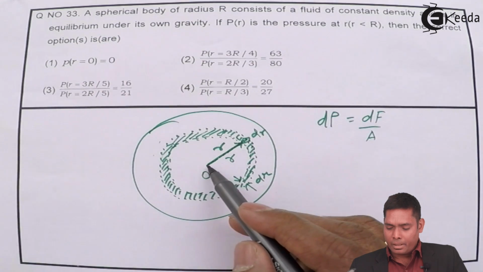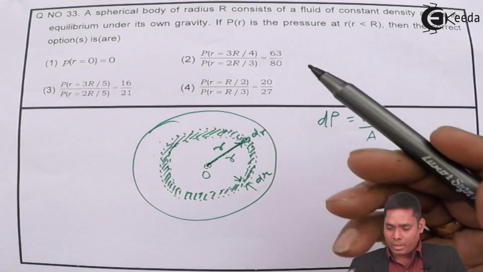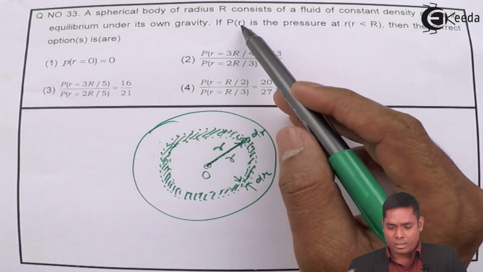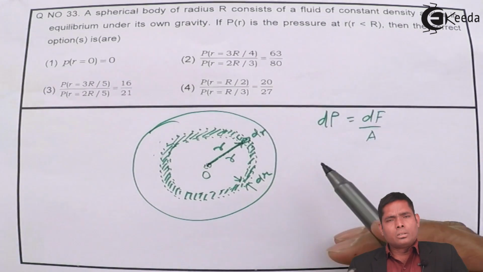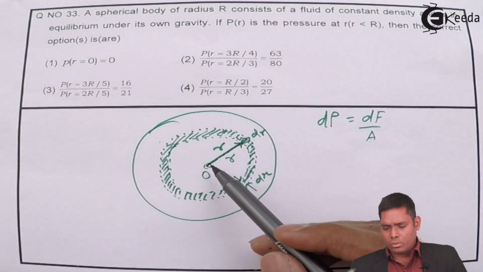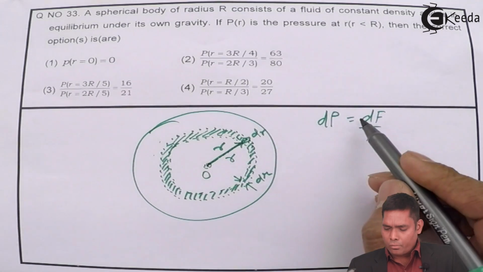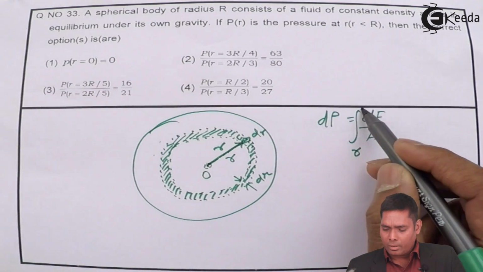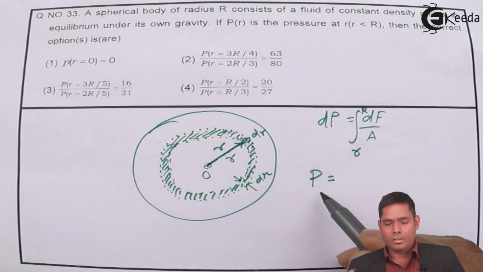I will integrate from r to capital R, and then I will get the pressure as a function of r.